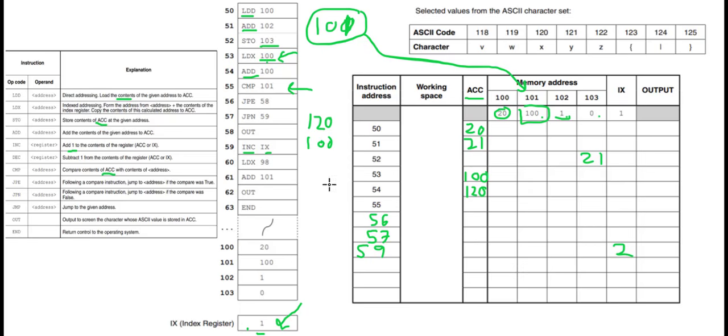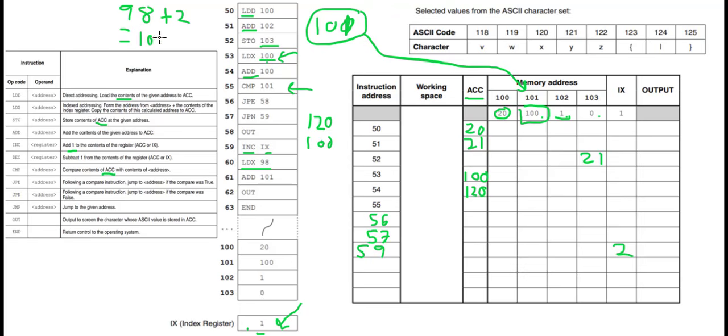But we're not done there. It now says LDX 98. So we know that LDX means indirect index addressing. So it's going to be 98, which is the address there, plus the index, which is now 2, which equals 100.